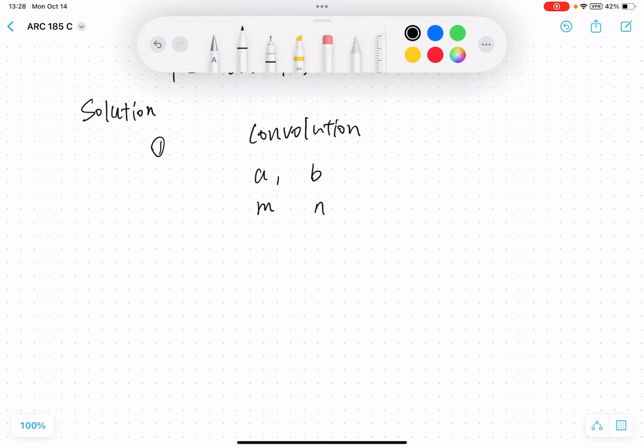You can get an integer array c through this algorithm. Every element is defined as c_x equals the sum, for i from 0 to x, of a_i multiplied by b_(x minus i).